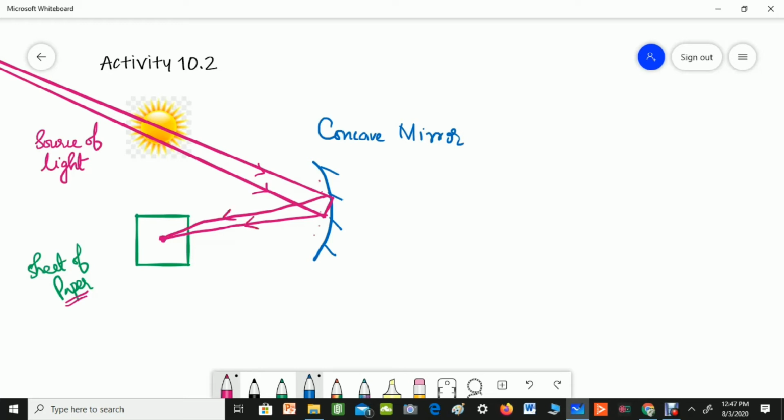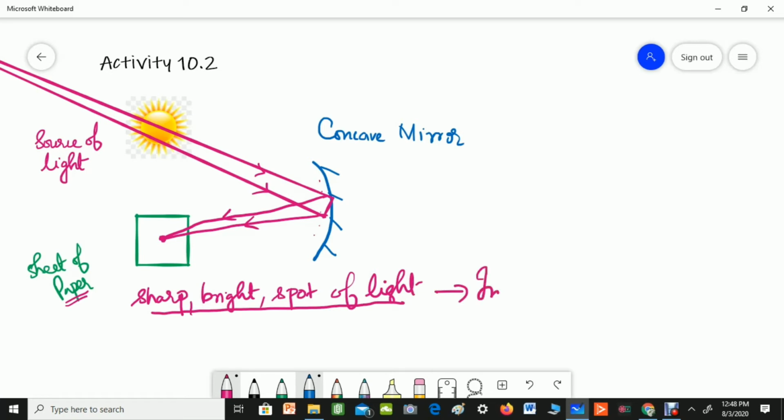When you adjust the sheet of paper, you will get a sharp, bright spot of light. This sharp, bright spot of light is actually the image of the sun, and this is the principal focus of the concave mirror.